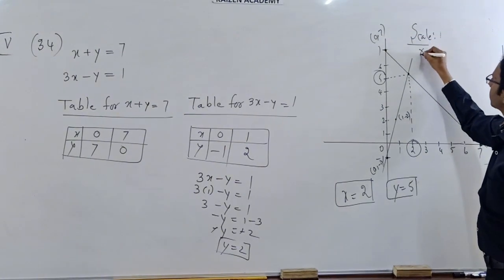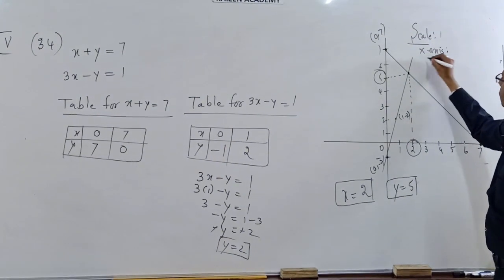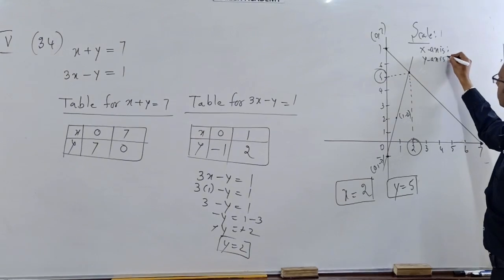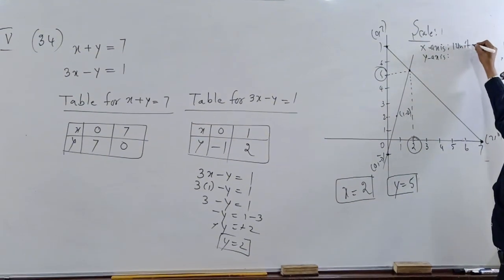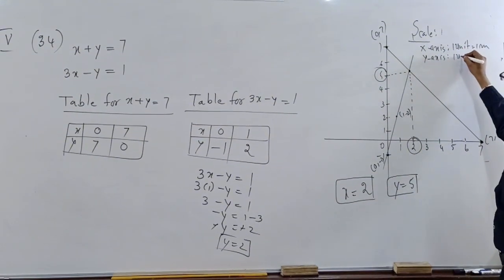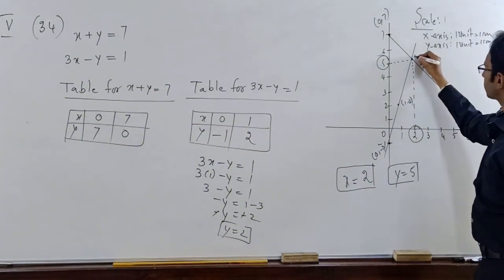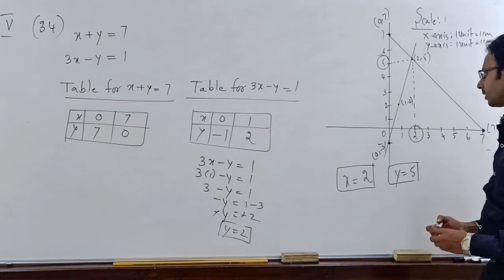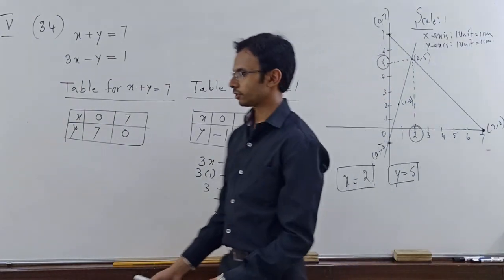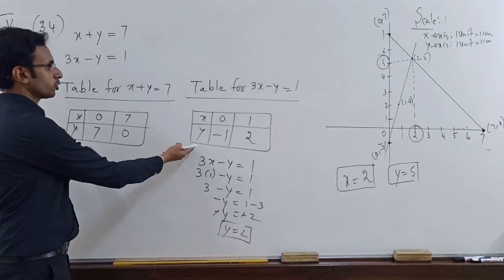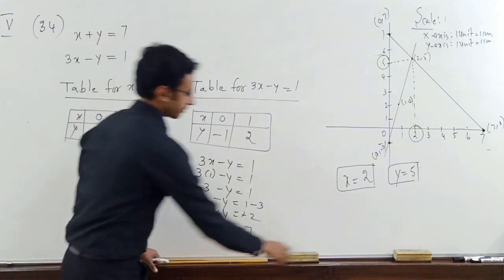Scale for x-axis and y-axis, both in this case, is 1 unit equal to 1 centimeter. So this point of intersection is 2, 5. So these are the solutions. So this will give you 4 marks, 2 marks for these two and 2 marks for plotting the graph.